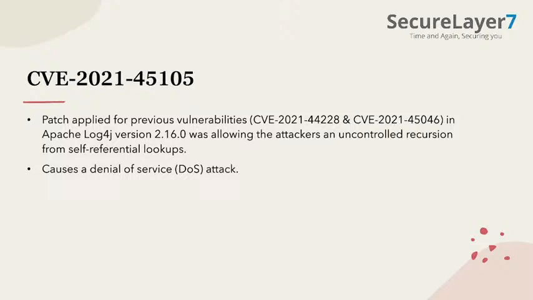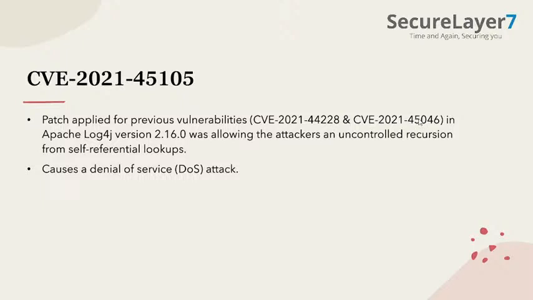So in the first one, 44228, the Log4j team patched the vulnerability by disabling JNDI and some other configuration, but the attacker was again able to execute the RCE, and we had the next vulnerability, which is 45046.